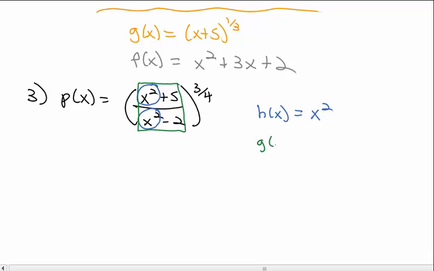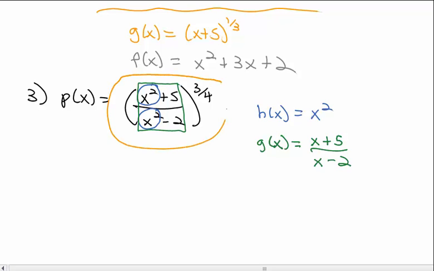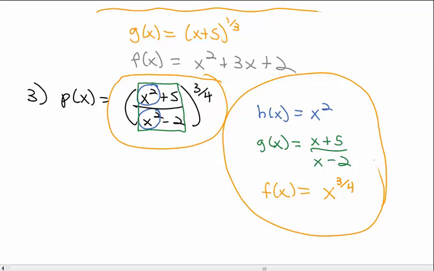Call that g of x. That fraction is the stuff plus 5 over the stuff minus 2. And notice when you stick h in there, it gives you the whole thing, with the x squared plus 5 and the x squared minus 2. But then all that is built in a bigger outer function, which takes all of that stuff, we'll use f for the outer function, takes all of that stuff and just raises it to the 3/4 power. And so p of x is a combination of these three functions.